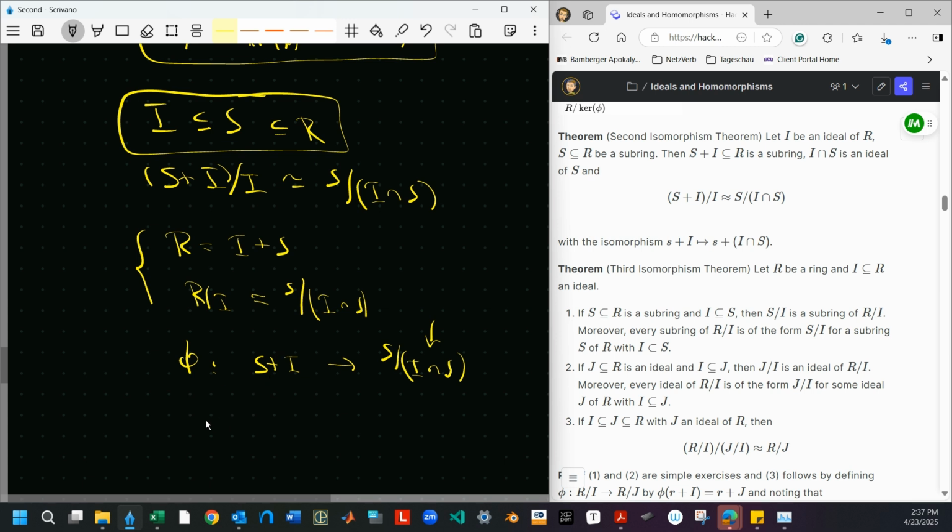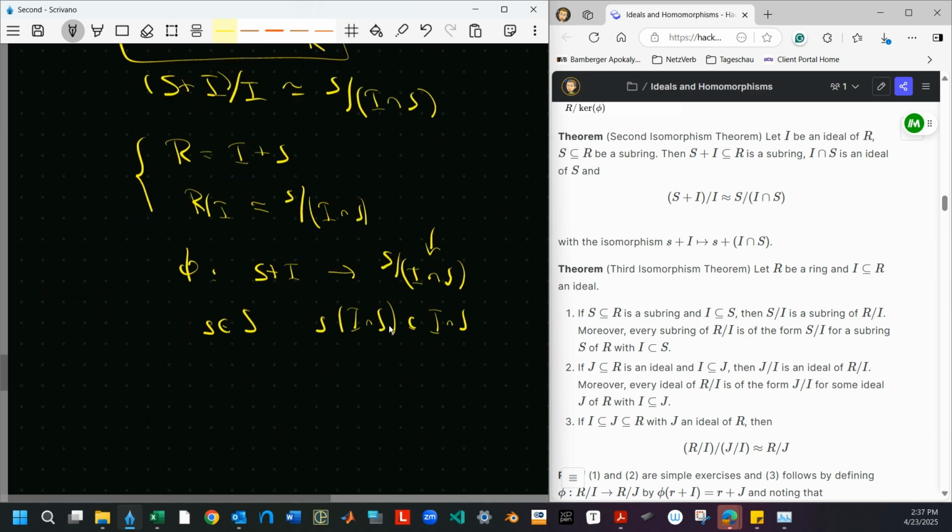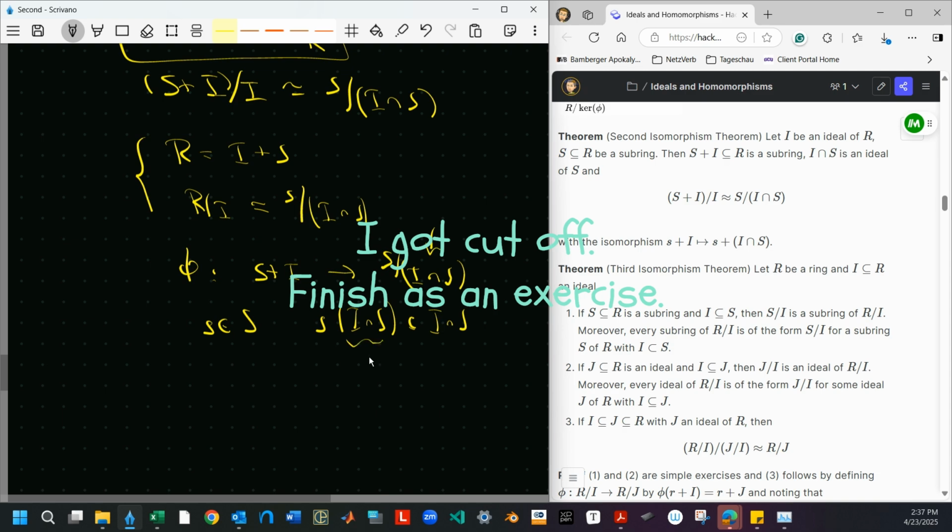Okay, sorry. So I'm taking something in S. We've got to think about this for a second. In S, I want to know that S times I intersect S is still contained in I intersect S. That's what I want to know. Okay. Oh, yeah. Sure. So if I take something in here, that's like some S prime.